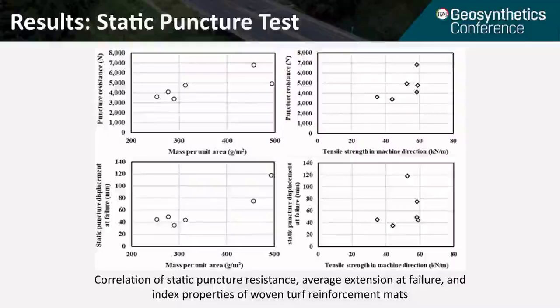The static puncture damage will compress the fabric layer and then shear damage occurs to the fibers on the top surface of the fabric, while the fibers in the middle and bottom surface extend. TRMs with greater mass per unit area will have more yarns extending before shear damage happens, thus leading to greater puncture displacement values.